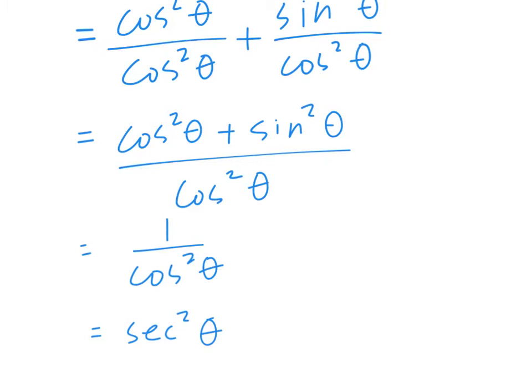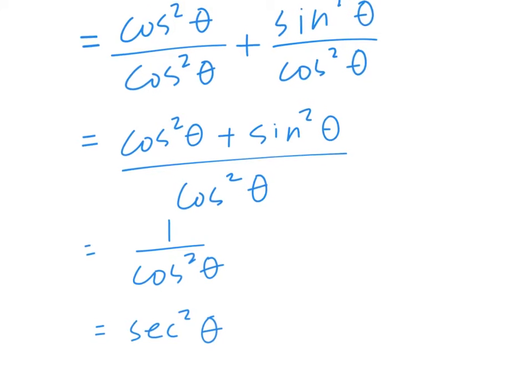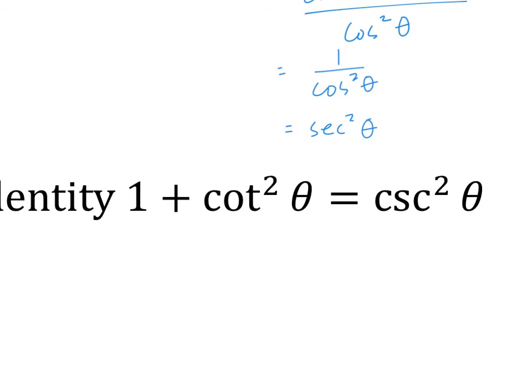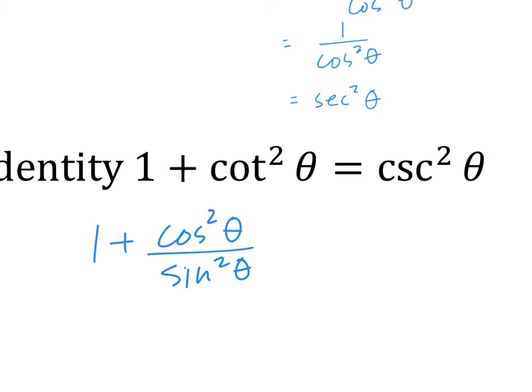All right, let's have you guys practice. This one's very similar, so you should be able to apply it almost exactly. So go ahead and try that one. 1 plus cotangent squared is cosecant squared. Okay, this one should be pretty easy. So 1 plus cosine squared over sine squared. Okay, common denominator.